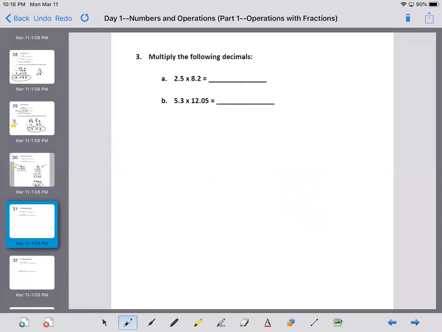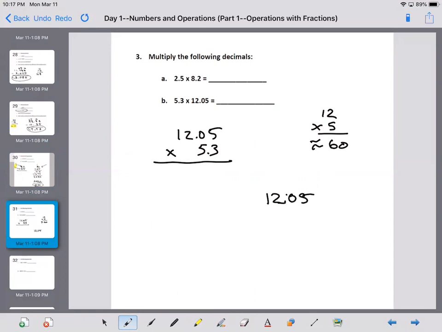And then if I have 12 and 5 hundredths multiplied by 5 and 3 tenths, if I wanted to estimate that, that would be about 12 times 5, so I know approximately 60 as an answer. So I would suggest that students multiply this as if it was a normal multiplication, but remember that it's not 1,205, but 12 and 5 hundredths.